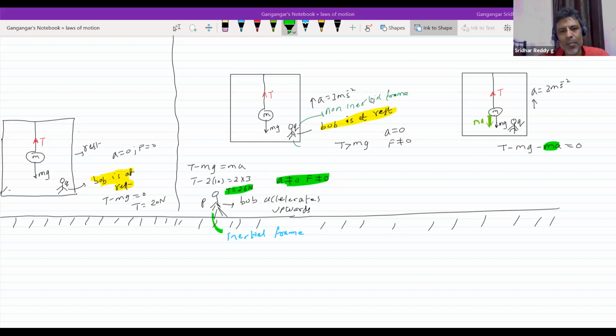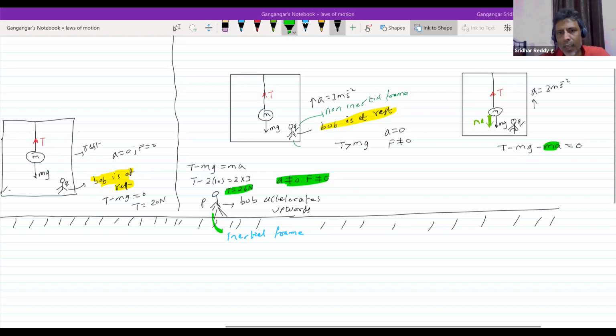So will you get the same answer? Look at the equation once: T minus mg equal to ma, and T minus mg minus ma. Mathematically, both are the same, but in terms of the frame of reference, things are totally different here. This ma is not seen by Q. I'm making that clear. Ma is just introduced by the person who is solving the problem. What is the net force acting on the bob according to person Q? T minus mg only.